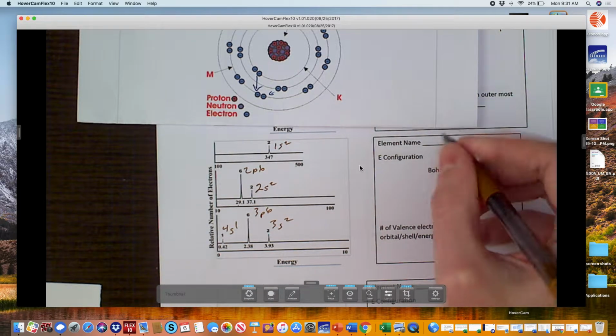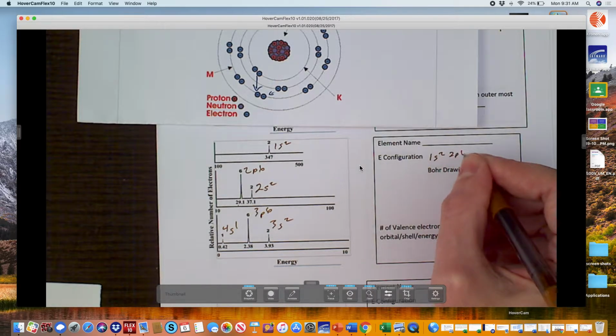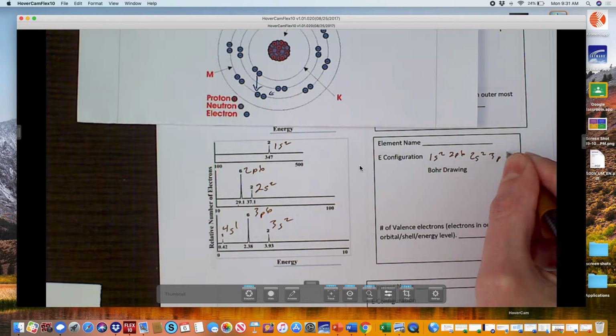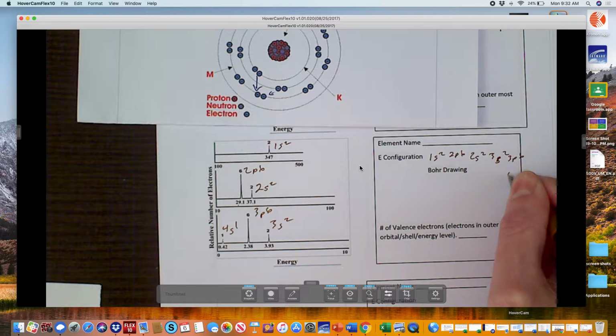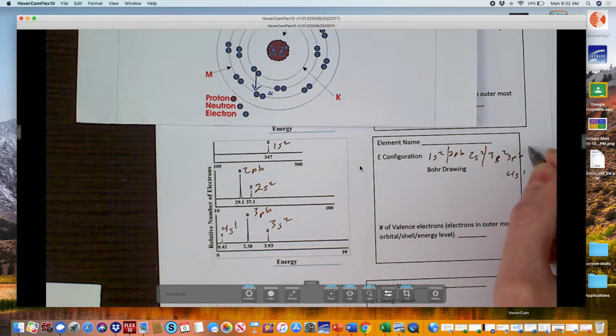So we'll rewrite this here real quick. 1s2, 2s2, 2p6, 3s2, 3p6, and 4s1. I like to put the lines on these so I can see where my energy levels are. I've got 1, 2, 3, 4 energy levels.